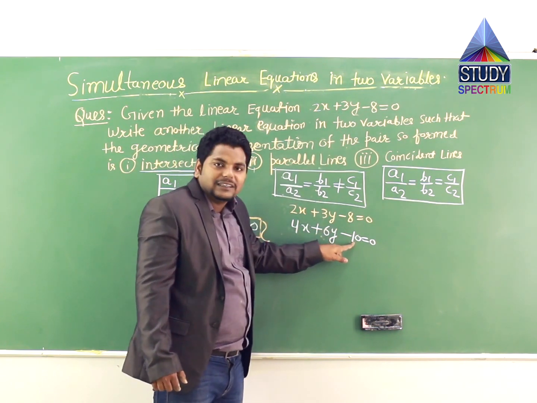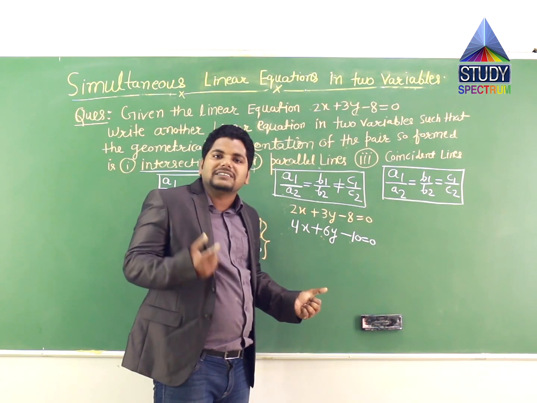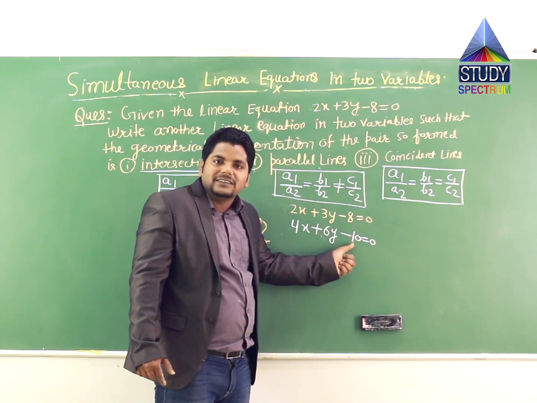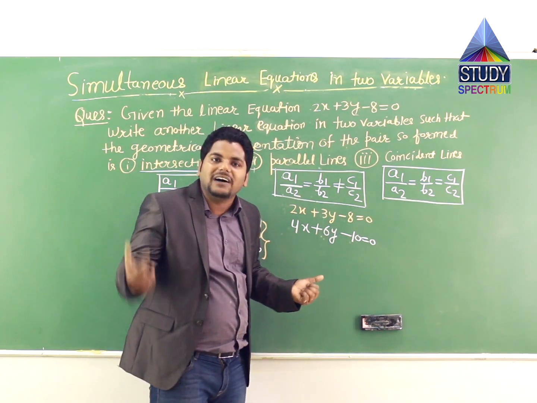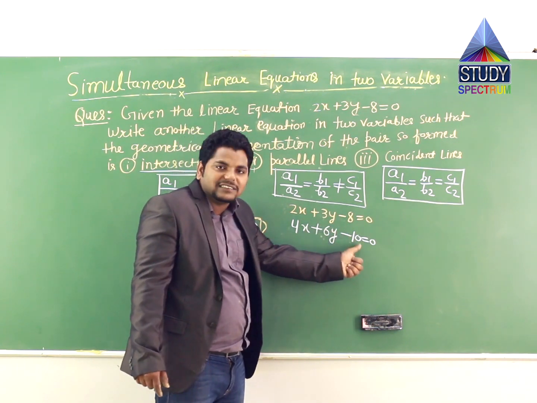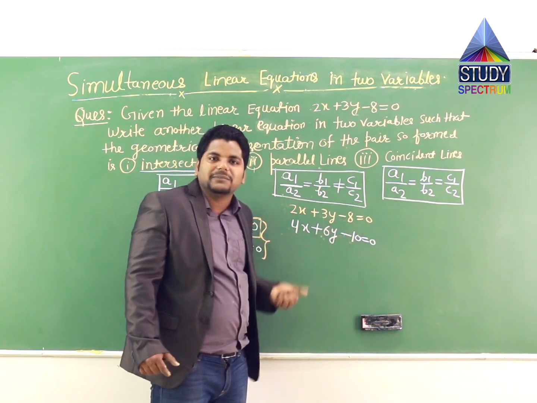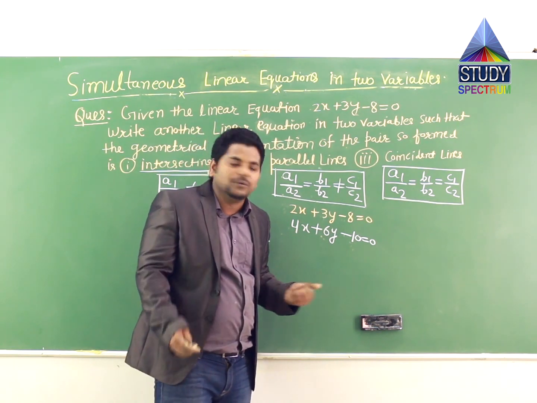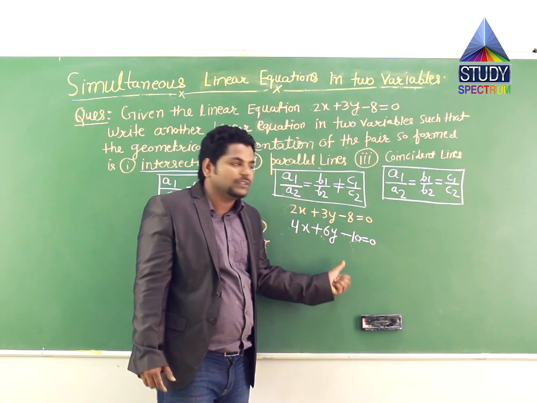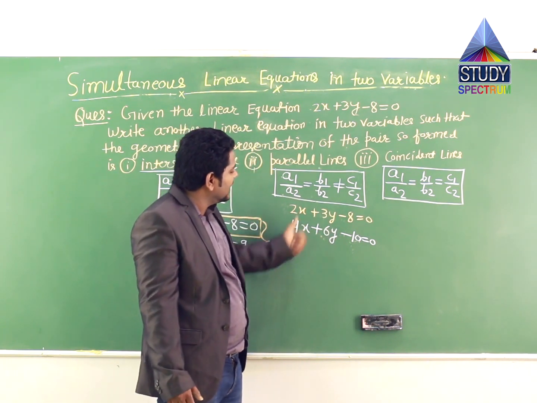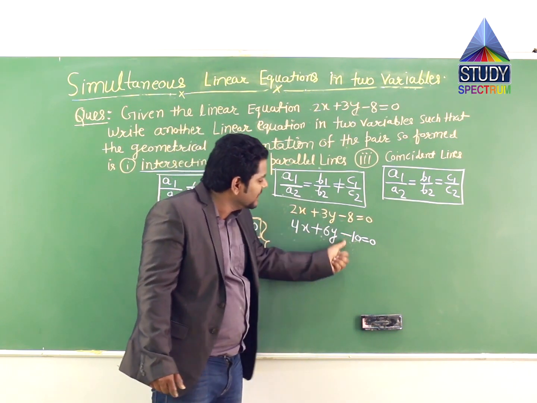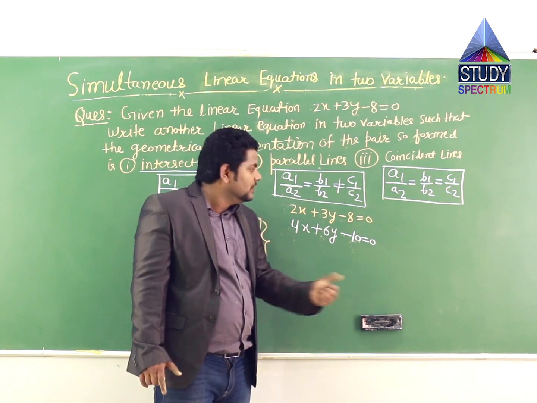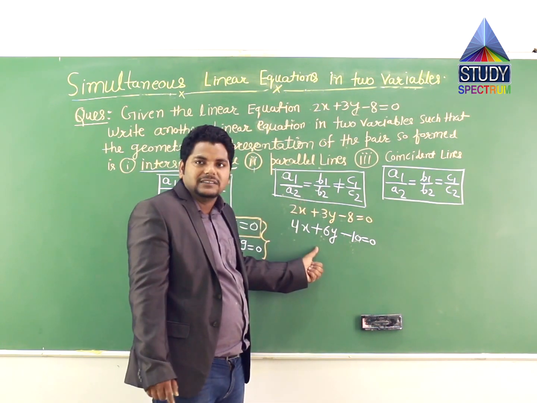So we will take the constant such that minus 8 by constant is not half. If it is minus 16, the minuses cancel out and 8 by 16 is half. So we can take any value other than minus 16. Here 2 by 4 is half, 3 by 6 is half, but minus 8 by minus 10 is not half. So these lines are parallel lines.